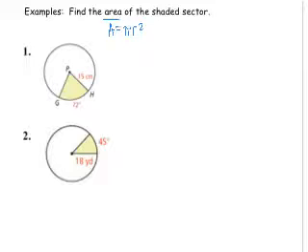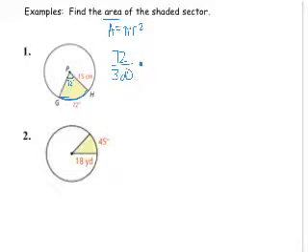When I look at number 1, what part is shaded? I know that the arc is 72 degrees, okay? So if the arc is 72 degrees, then its central angle is also 72 degrees. What percent of the area is shaded? It is 72 out of the 360 degrees that exist in a circle. And I'm going to say what percent of, so I'm going to multiply the whole circle's area.